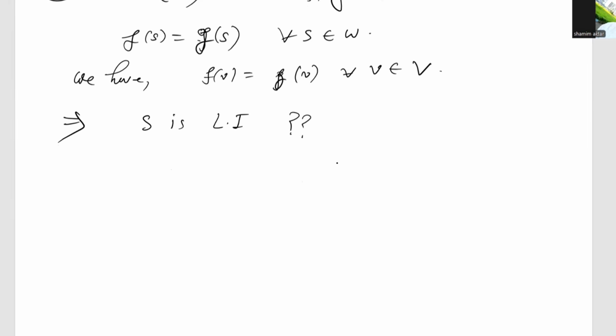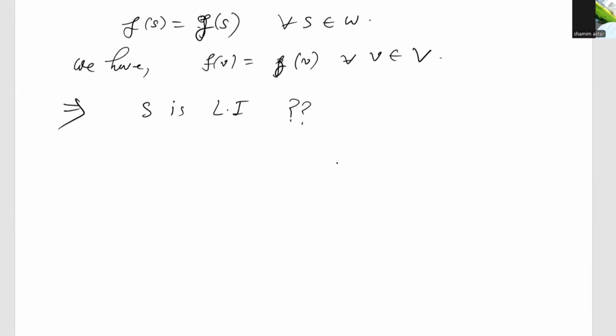Now we choose S to be a subspace of V, and 0, beta 1, ..., beta n. Sorry, S is not a subspace.